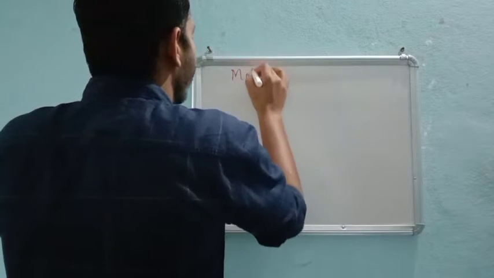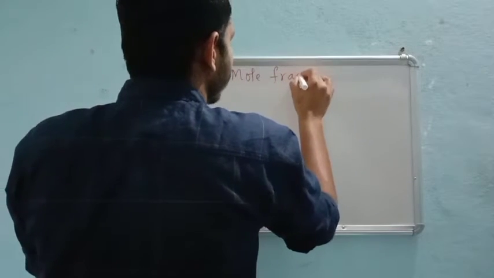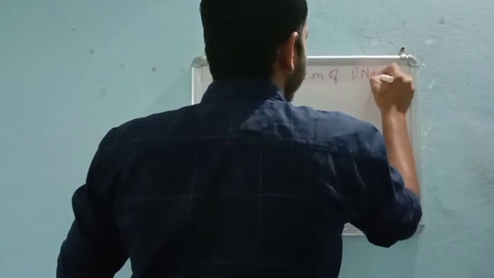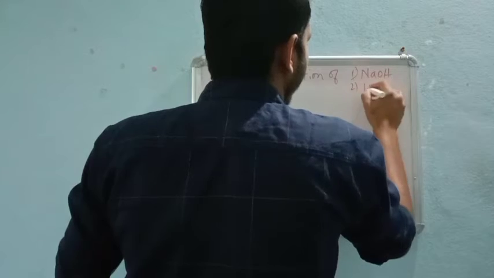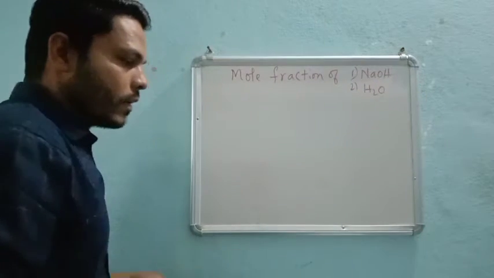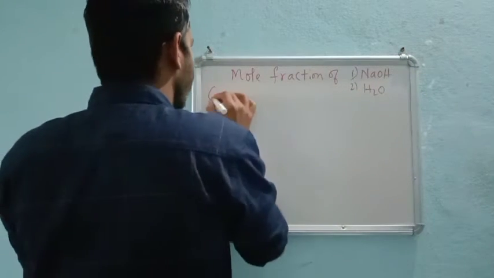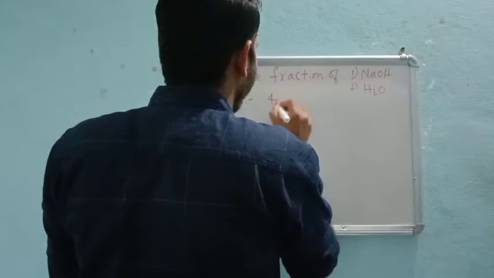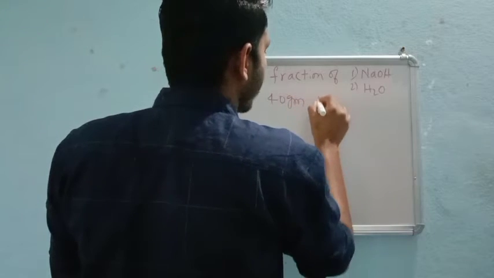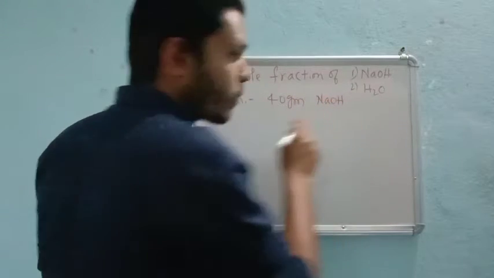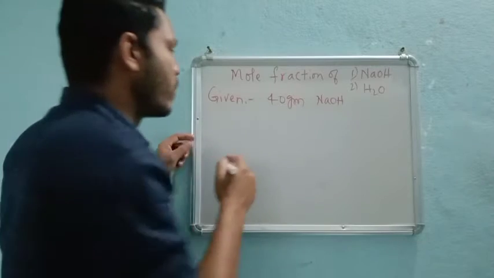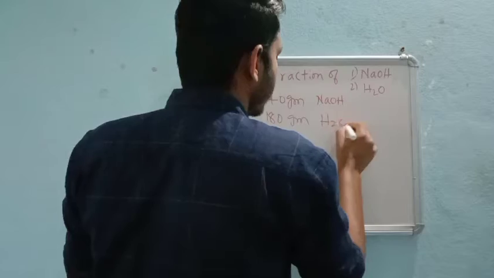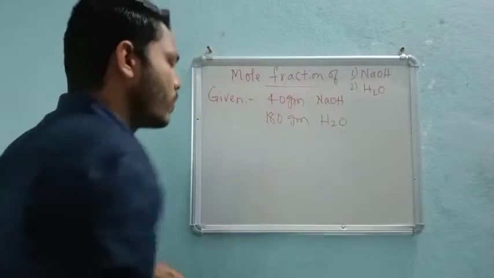We need to calculate the mole fraction of both. In the problem they have given 40 gram of NaOH, the same problem as yesterday, and 180 gram of water. This is our problem, we need to calculate the mole fraction.